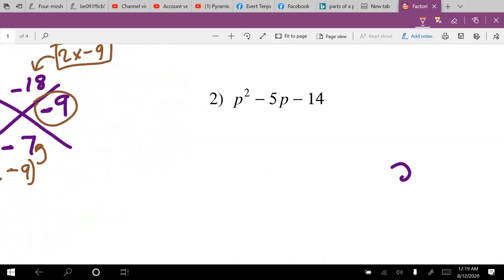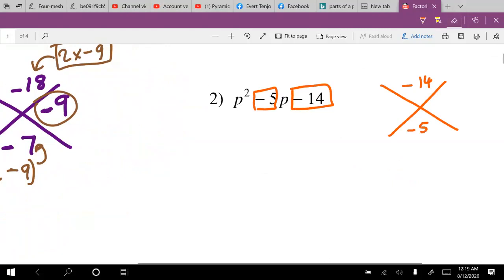So remember, we have negative 14, that's a constant. So we're trying to find two factors of negative 14 that will add up to give us negative 5. Let's try. We have two factors of negative 14 will be 7 times 2.